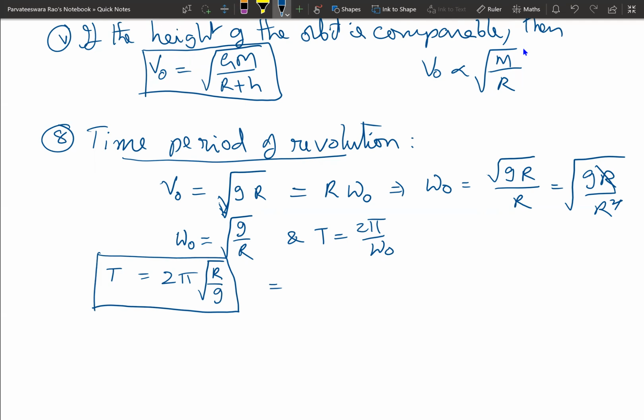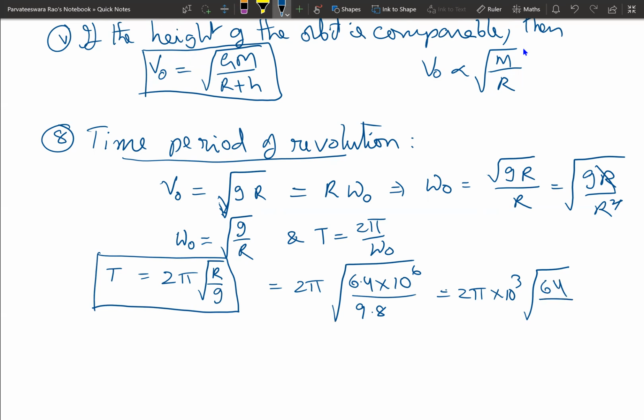So let us substitute the values. 2 pi into root of 6.4 into 10 to the power of 6 by 9.8. So 2 pi into 10 to the power of 3 into root 64 by 98. So 2 pi into 10 to the power of 3 into 8 by 7 root 2. 98 is 49 into 2, that is 7 root 2.